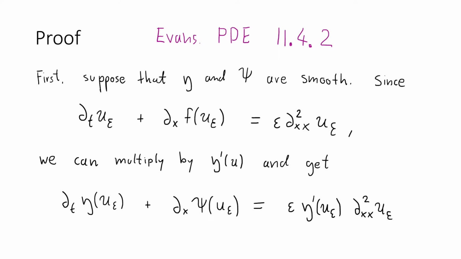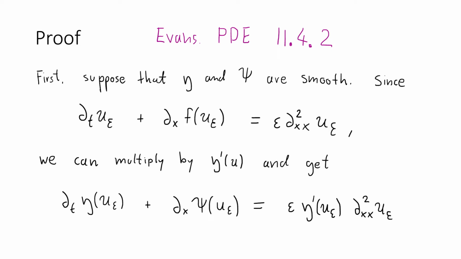And then we get, using the definition of entropy flux pairs, and of course the chain rule, the following identity: time derivative of η(u^ε) plus x derivative of ψ(u^ε) equals ε times η'(u^ε) times the second x derivative of u^ε.